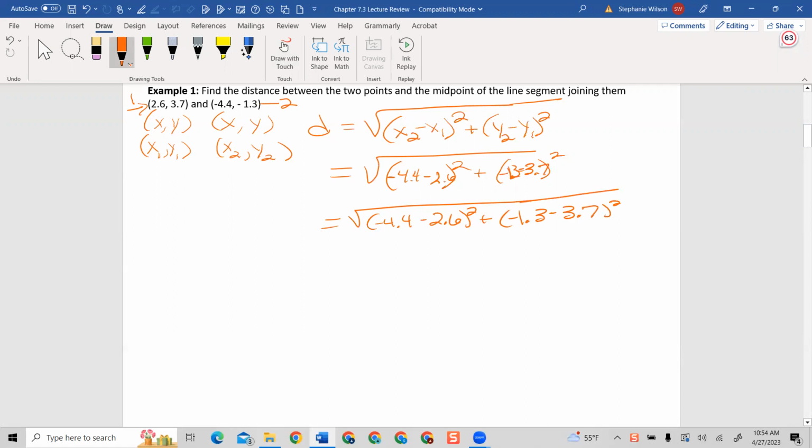All right, so you could do it all in one setting in your calculator, or if you want to do it piece at a time, that's good too. Let's do that. I got negative 7 squared plus negative 5 squared.